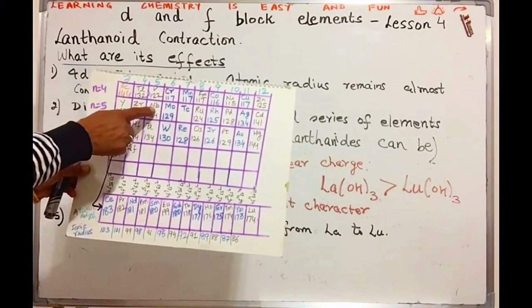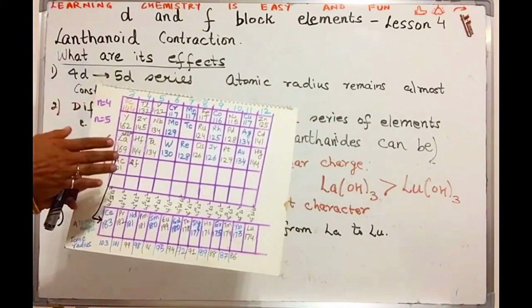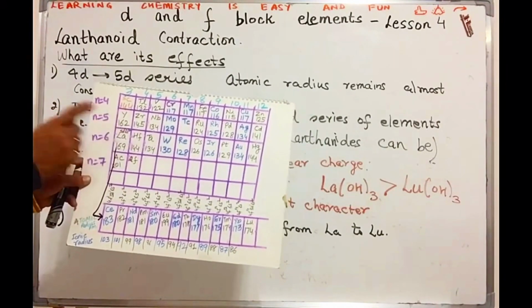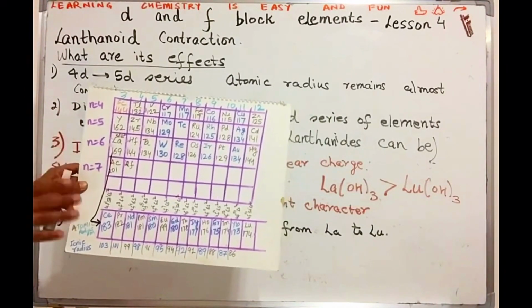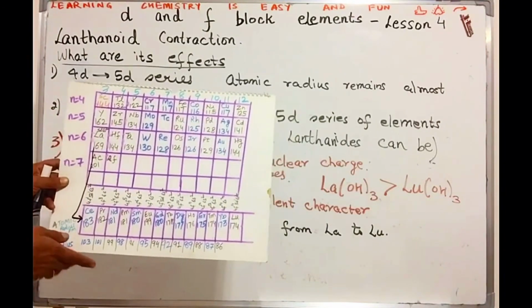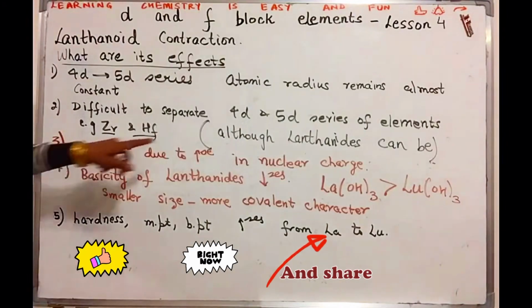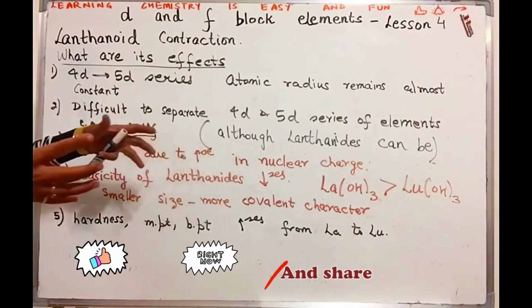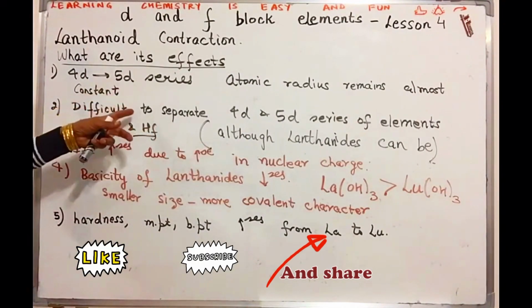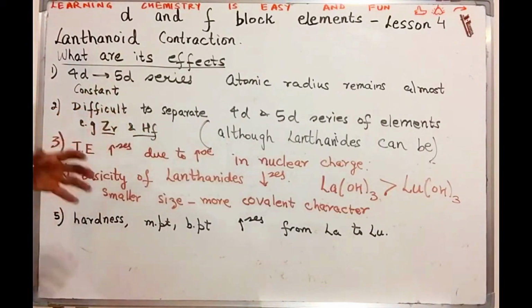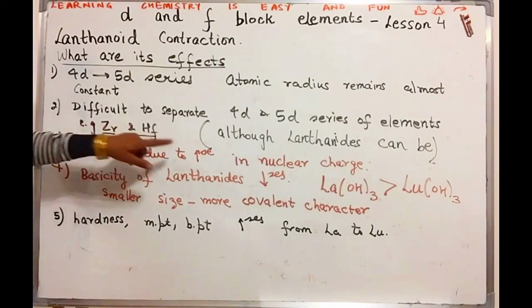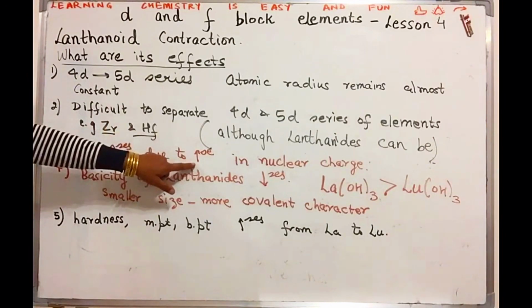Same way if you see the other elements, what we find is the elements of the 4D and the 5D series are usually found existing together. Now because the nuclear charge is increasing but the atomic size is either remaining the same or is actually very, very less compared to the expected increase, we notice that the ionization enthalpy will also increase with the increase in the nuclear charge.